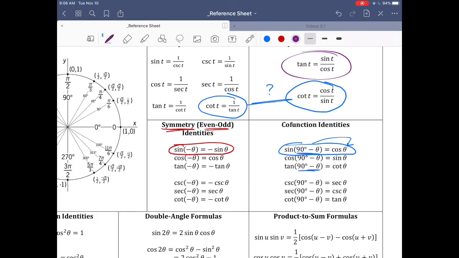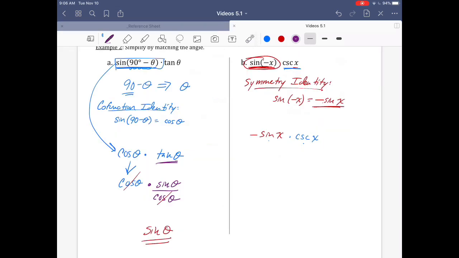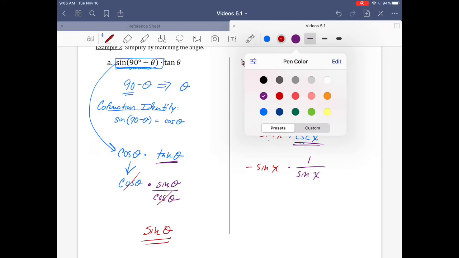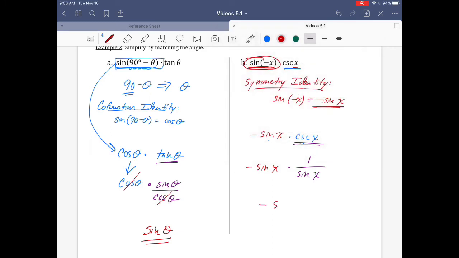We've got cosecant being equal to 1 over sine. So let's take out cosecant and replace it with 1 over sine. Let's bring our negative sine down. And what we've got here is negative sine over sine, which equals negative 1.